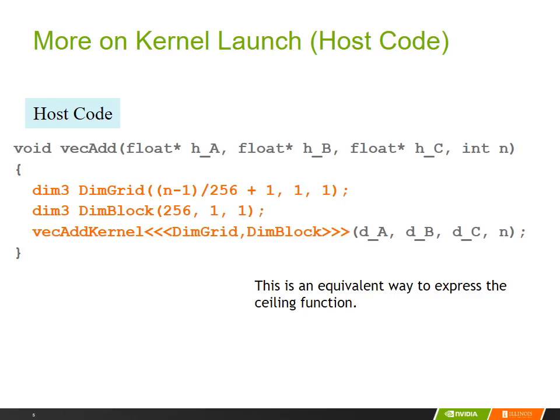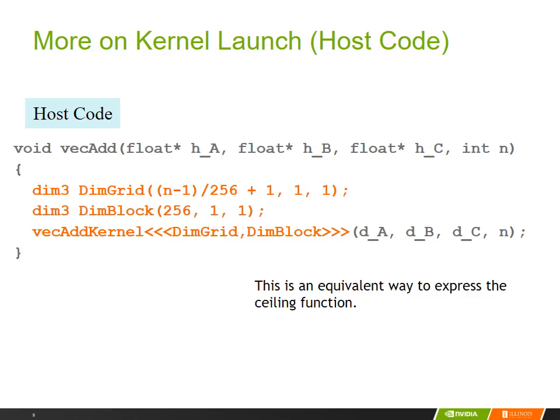And this will give you the equivalent of that ceiling function without using a floating point calculation. But this is more verbose, and so it may not be as clear in the intention that we expressed in the previous slide. And obviously, this is still a one-dimensional computation, so we're going to have 1 and 1 in the y and z dimension for dim grid.